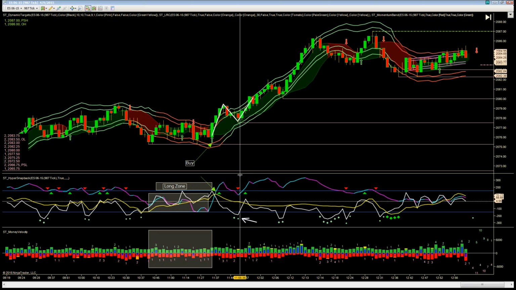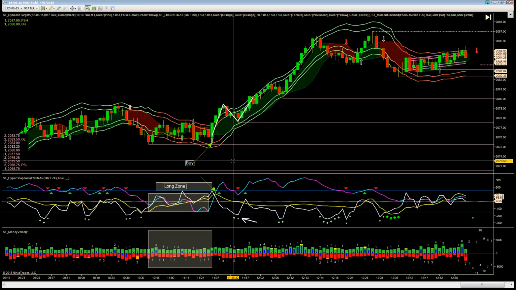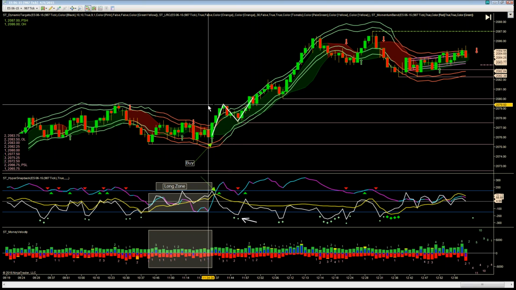Now the reason why I'm counting out waves is because our actual studies do it for you. But I just want to make a notation on the actual waves. So I'll just label this.